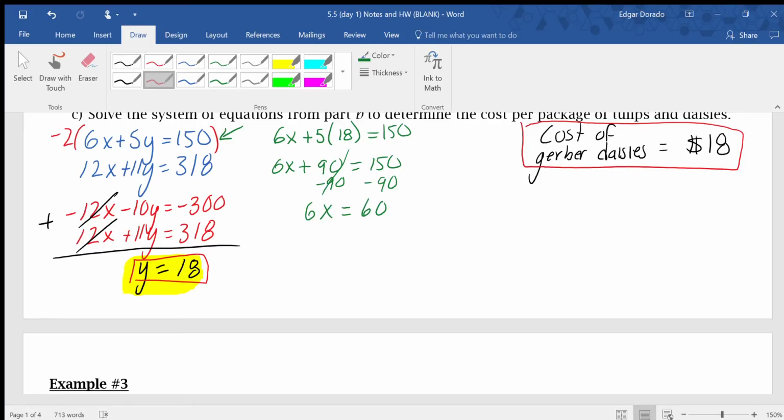Final step here, divide by 6, divide by 6. So we get x equals 10. So what is my cost of tulips?